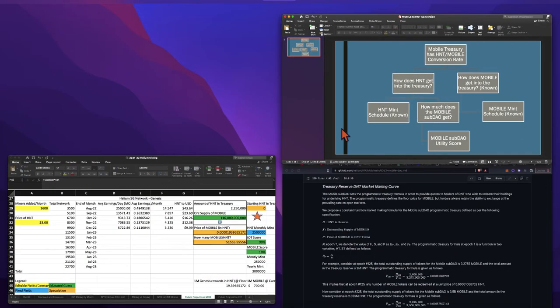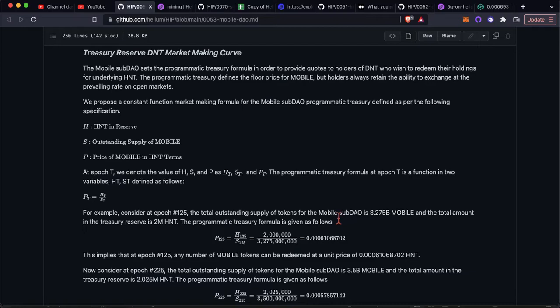So just for a quick reminder, this is what we're talking about here. This conversion rate that's part of HIP 53. How much HNT in reserve does the mobile sub-DAO have, divided by the outstanding supply of mobile. That's going to give you your price of mobile in HNT terms. Simple division, right?